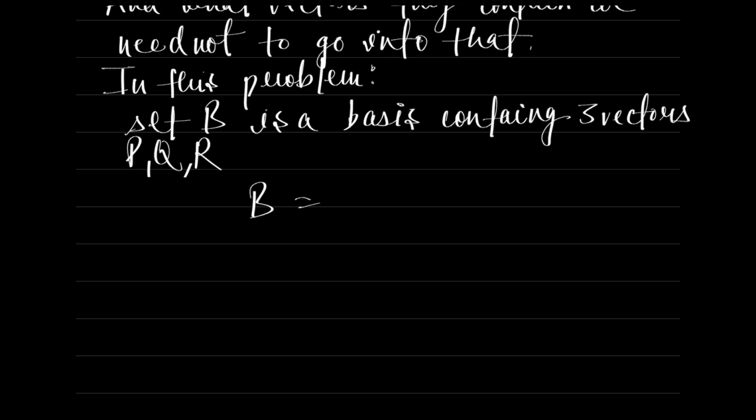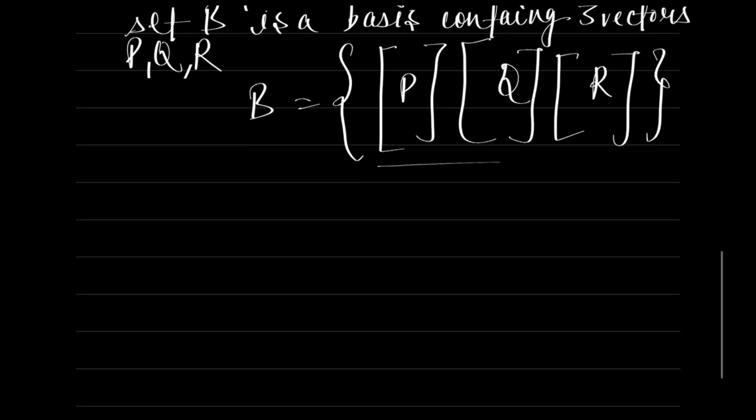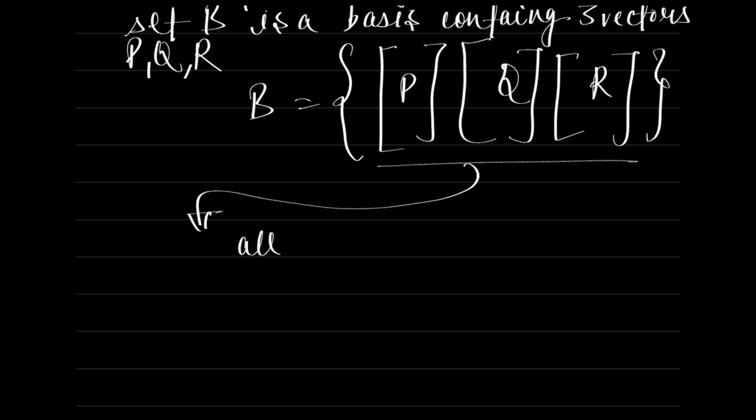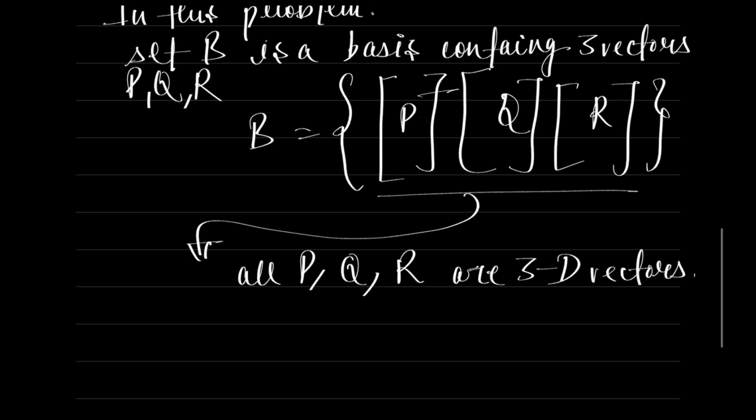Then the basis will become P, Q, and R. This will become our basis, where all of P, Q, and R are three-dimensional vectors, as each vector contains three elements.